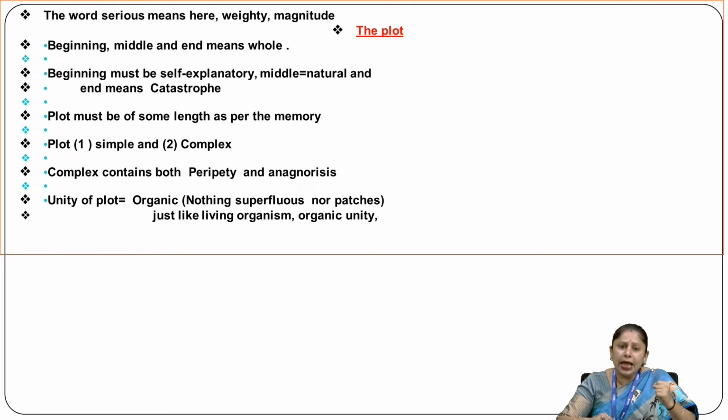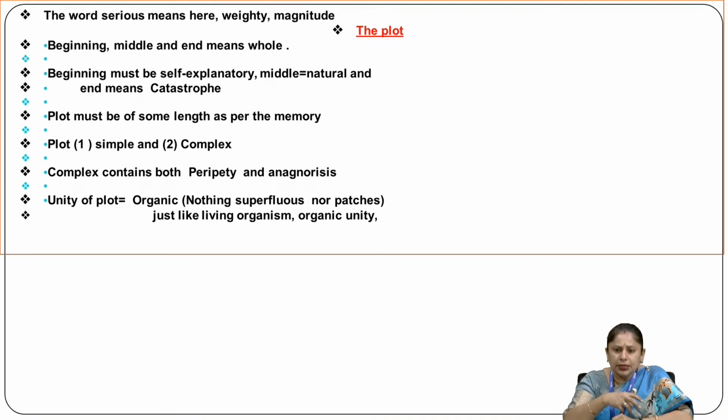Beginning, middle and end means whole. Beginning must be self-explanatory, middle must be natural, and end means catastrophe. These are the three stages, means three sections or three parts which could be found in the tragedy or it could be found in the epic.